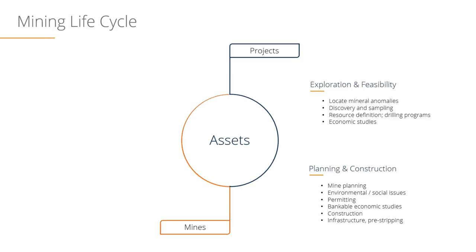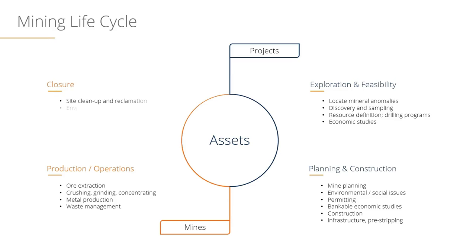Once operations are ready to begin, the asset officially becomes an operating mine. During this phase, ore is extracted from the ground. It is processed and refined, and metal is produced and then sold. This section forms the bulk of the focus of the financial model for an operating mine. Once the ore has been extracted, the mine closure process begins, which can last for several years. This includes cleanup, reclamation, and environmental monitoring.